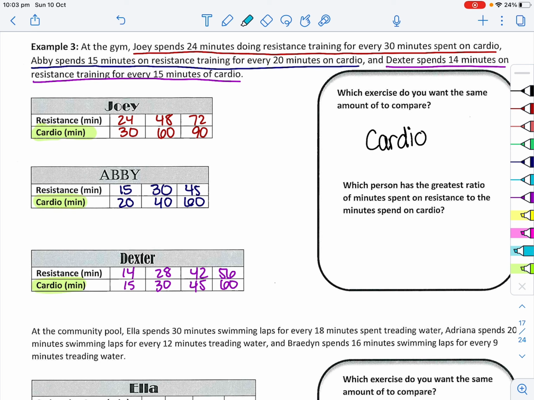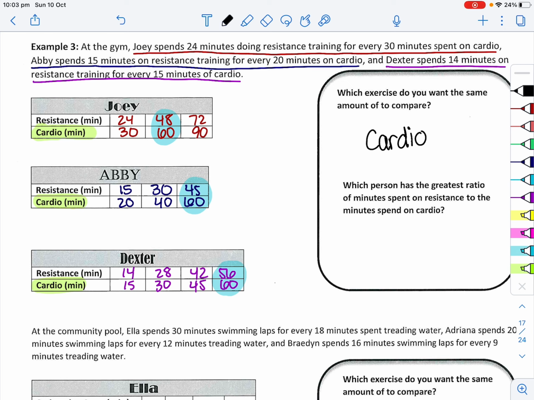And cardio is going to be the same at 60 minutes. So 60 minutes, 60 minutes, 60 minutes. Now, because we're comparing 3, all 3 of those bottom numbers have to be the same. So I can see that Joey and Dexter have something in common before 60. But because Abby does not fit into that, it's got to be all 3 of them.